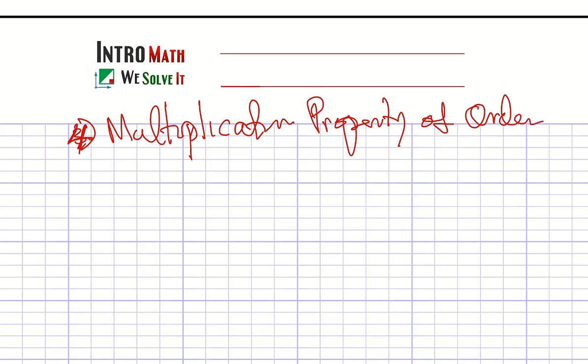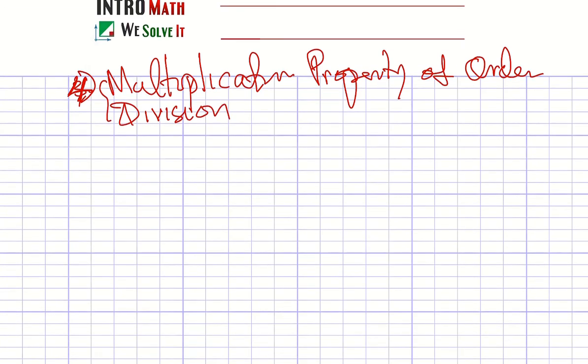By extension, multiplication goes with division, the division property of order, because those go together. Now, this one is also very intuitive. I will explain it to you.